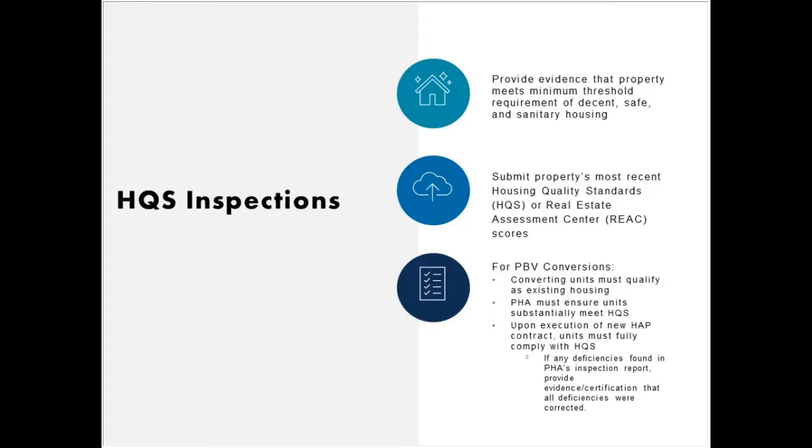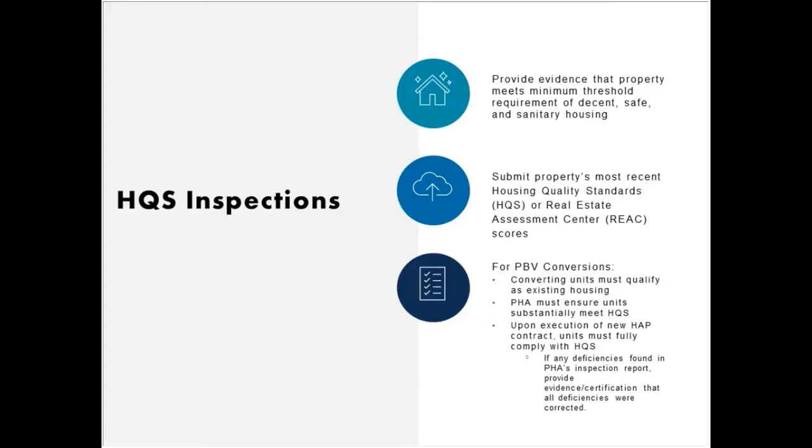So again, to be eligible to do the streamline conversion, you have to show that the property is in good physical condition. And how do you do that? You will upload to the RAD resource desk verification or confirmation that the inspection reports show that the property is in good physical condition. So you're going to submit the property's most recent housing quality standards or Real Estate Assessment Center REAC scores up to the RAD conversion desk.